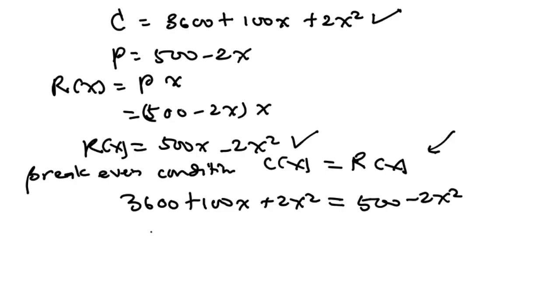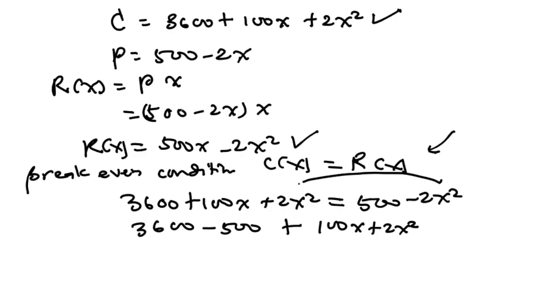Now, you rearrange it. So here you have 3,600 minus 500, bring 500 to the left, and then you have plus 100x plus 2x squared. And then you bring this minus 2x squared here, it becomes plus 2x squared. Then the whole right-hand side becomes 0, isn't it?